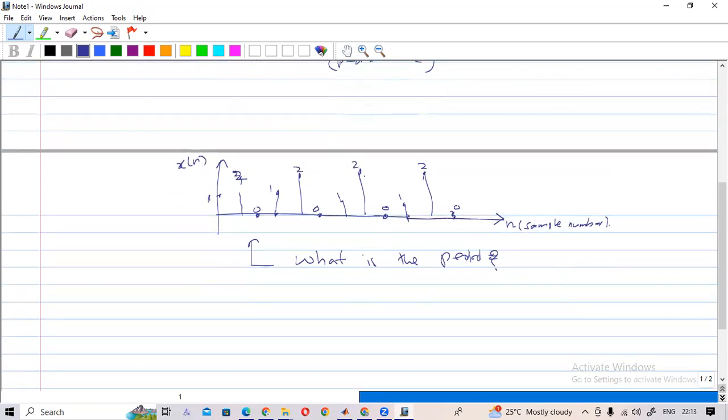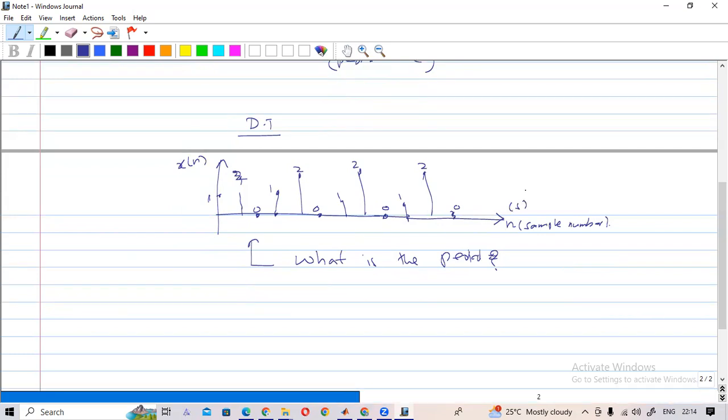Now you are representing this discrete time signal, and the independent variable here is n, the sample number, not time. This is not seconds. Don't forget there is a corresponding time value for this n. That time value is nT. Don't forget this. But normally we represent the signal using n, the sample number. So what is the period of this signal?